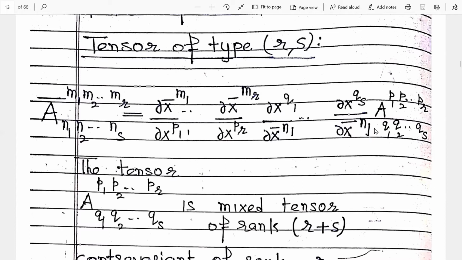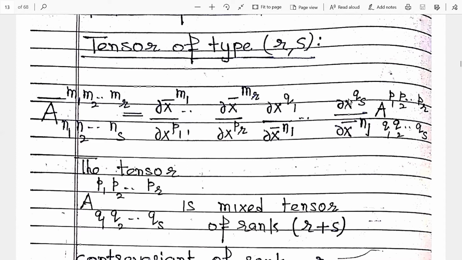So here it is some writing mistake. So here it is a s, ns. And similarly, this variable will be on the upper side: curly x q1, and so on up to curly x qs. So these variables are on the upper side.